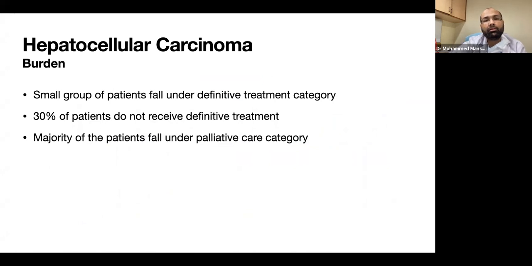So the disease burden is very high because only a small group of patients fall under the definitive treatment category. And of those, 30% fail to receive the definitive treatment because they're either waiting for a liver transplant, where their disease progresses, or they don't have access to proper treatment.